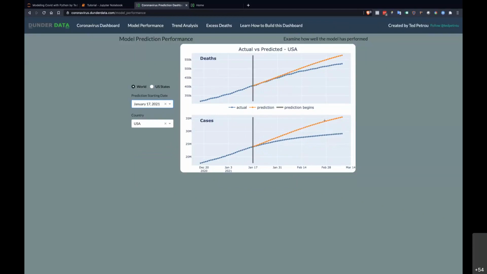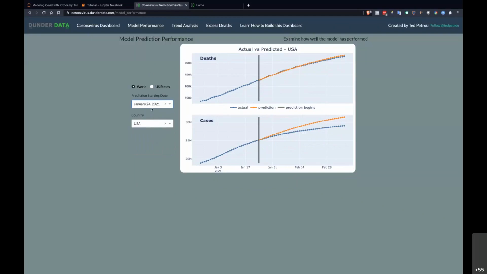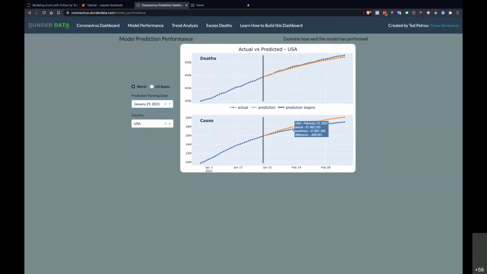The model was not able to keep up with that drop until it took a while. If you keep moving up, it eventually figures out the trend and makes a better prediction. But the unexpected and very fast drop in mid-January was something the model was not able to capture. Some of the predictions are very bad, and some of them are a little bit better. It just depends on the area and the time that you're looking at.